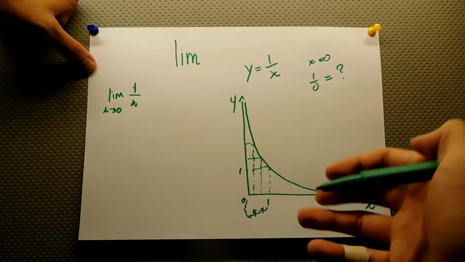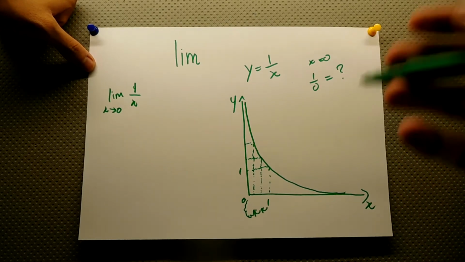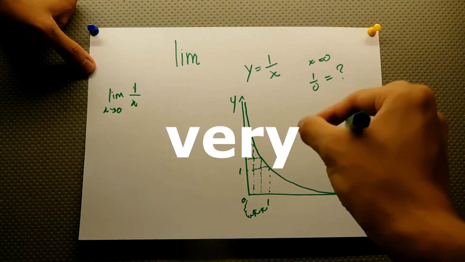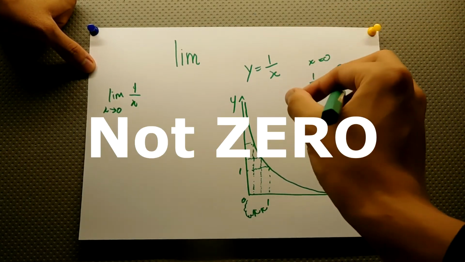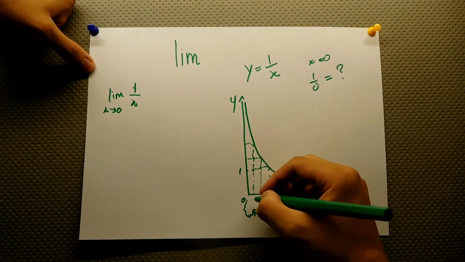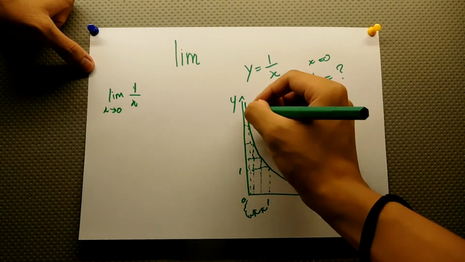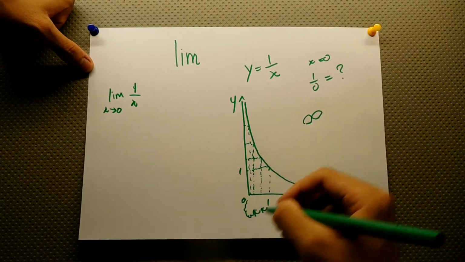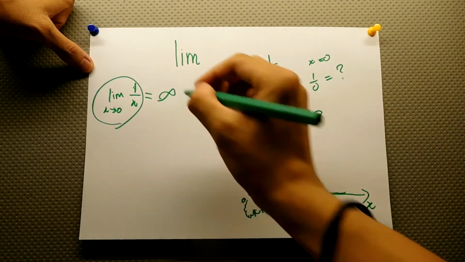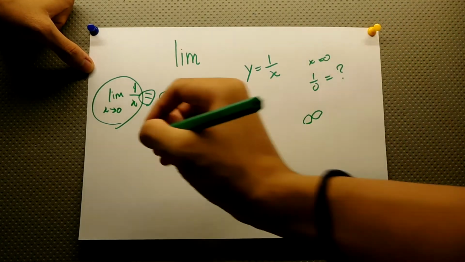So with this process, we can find what y tends to when x approaches 0, meaning it is very, very close to 0, but it is not 0. Understood? So we're going to have a value of y that is so large, it tends to infinity. Therefore, this limit equals infinity.